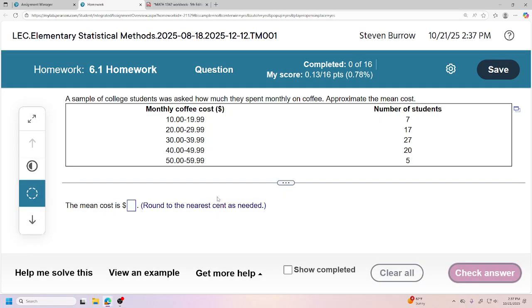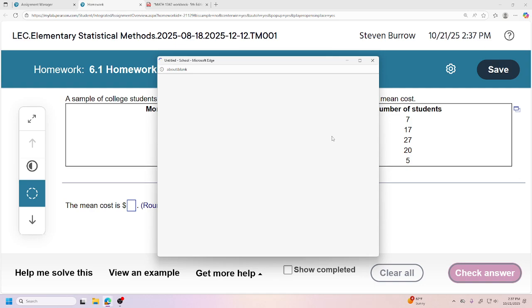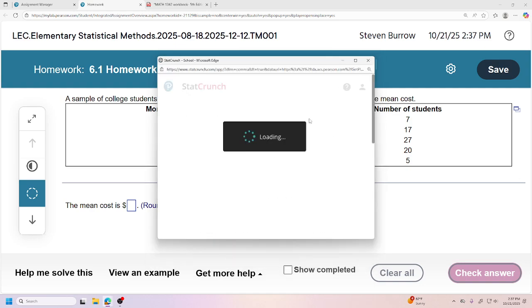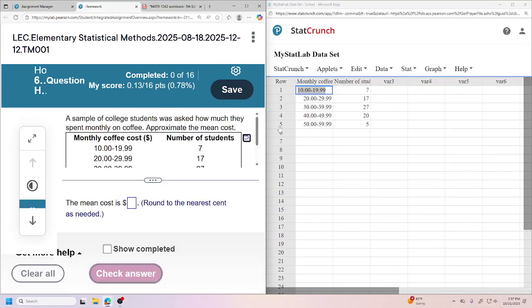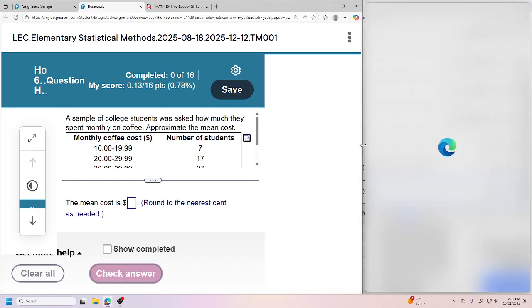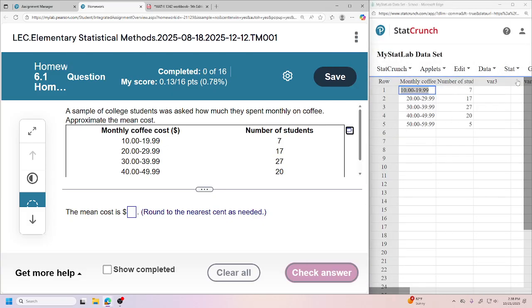Okay, hold up. This is something new. It says find the average. StatCrunch for sure. So let's go find the mean. This is easy stuff, right? We've done average before. Okay, so I got 2 different groups.